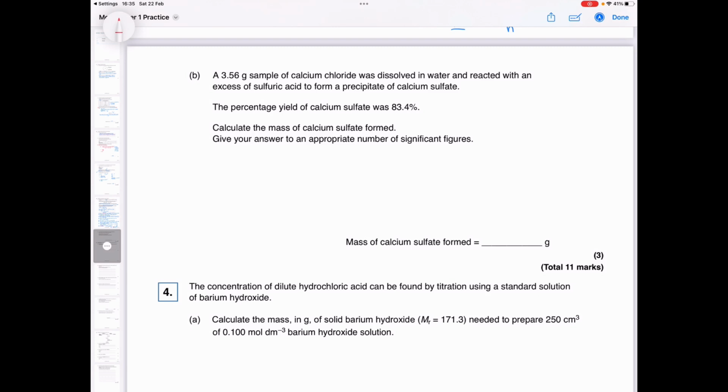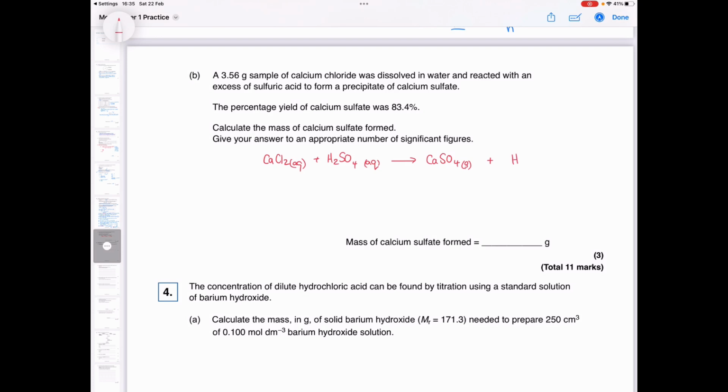Okay, so calcium chloride, CaCl2, aqueous, is reacting with an excess of sulfuric acid, and that's going to form calcium sulfate, which is a precipitate, plus water.